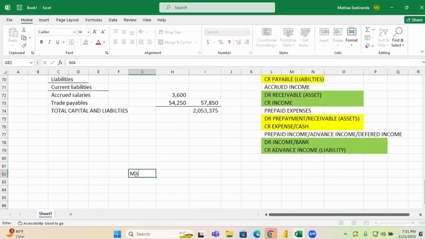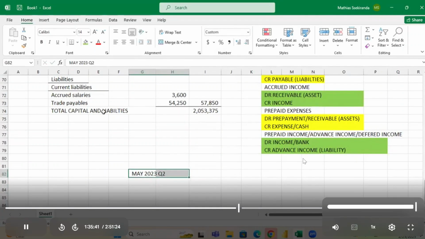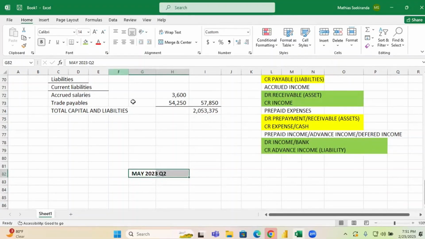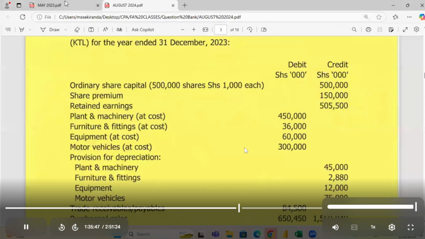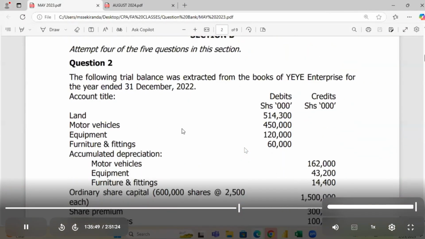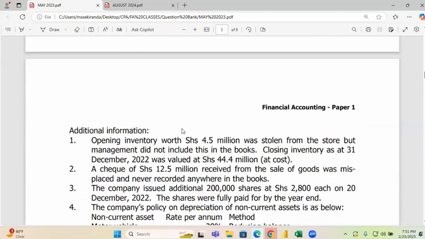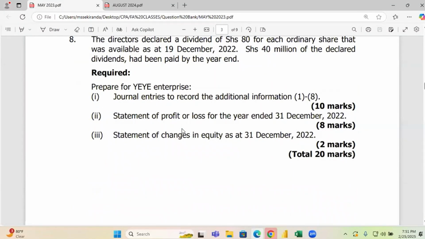Okay, let's have a break. Let's come back at exactly 8, and we go through May 2023, question 2. And my interest is the statement of changes in equity.